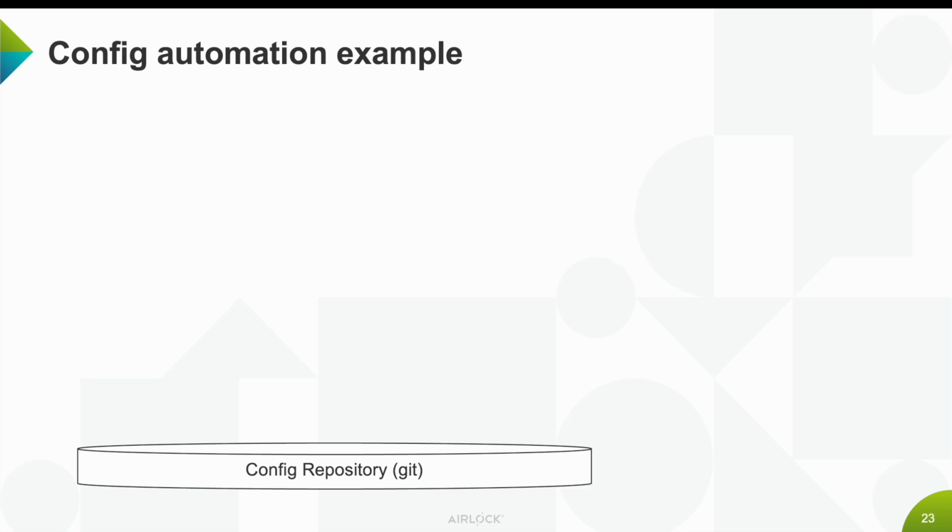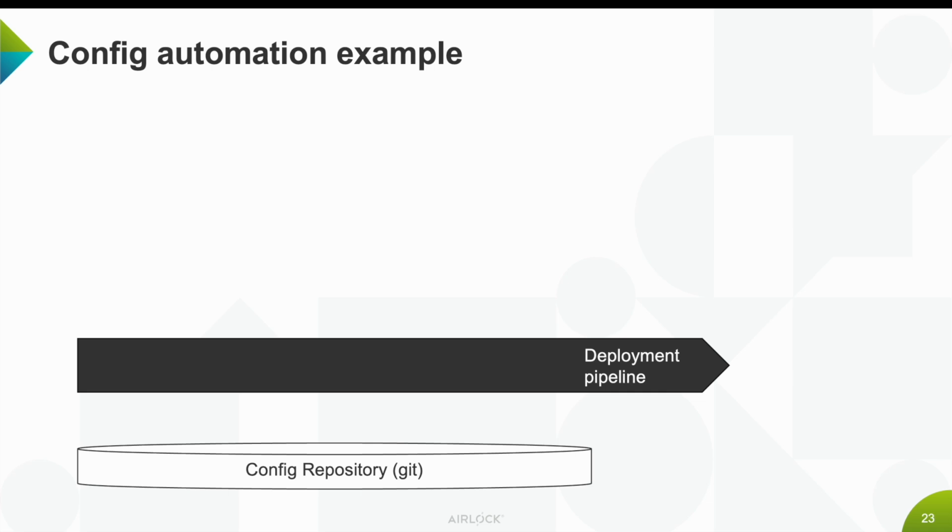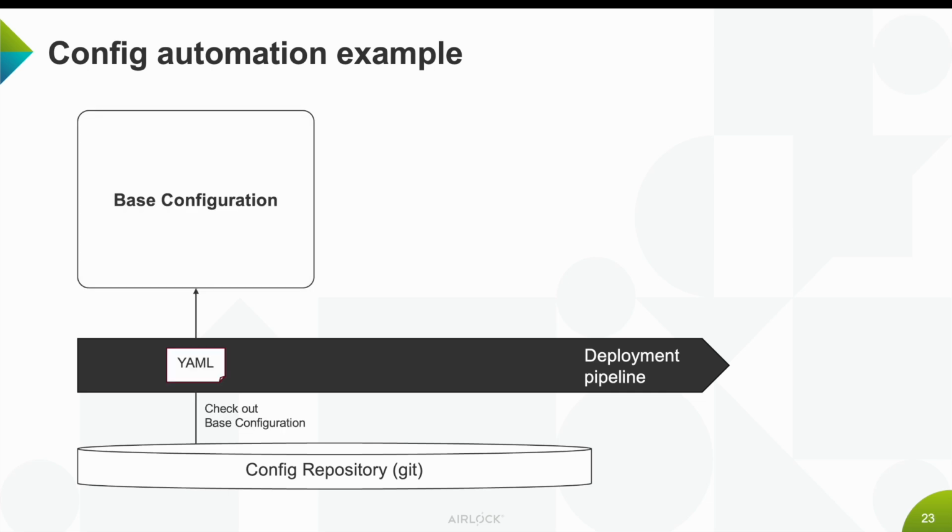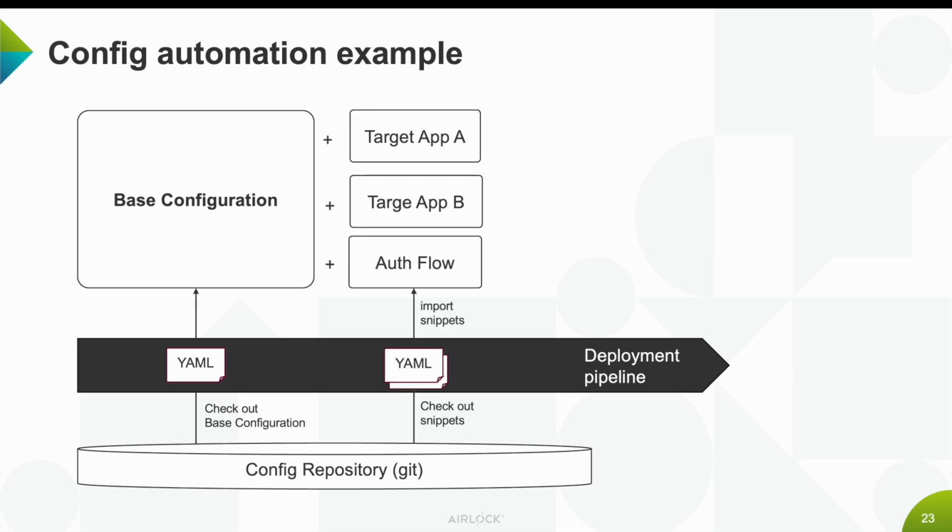You could imagine we have a config repository, for example, a Git repository with base configurations and code snippets in it. We have a deployment pipeline. Then the deployment pipeline would probably check out the base configuration and then add some snippets from the config repository.